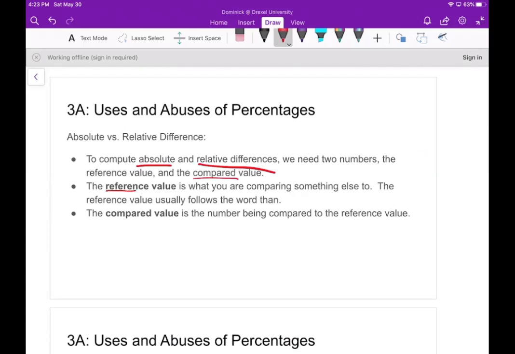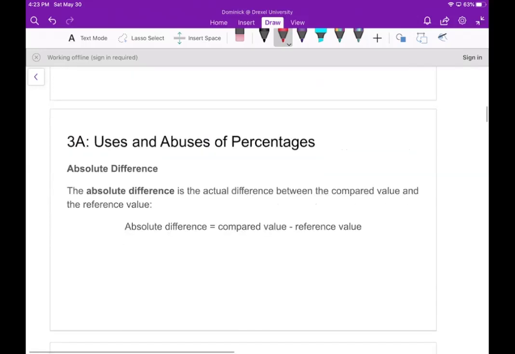So the reference value is usually what we compare something to, and the reference value usually comes after the word "then." If we want to know how much more is this than that, the word that comes after "than" is the reference value, right? And of course, the compared number is the number that's being compared to the reference value, right?